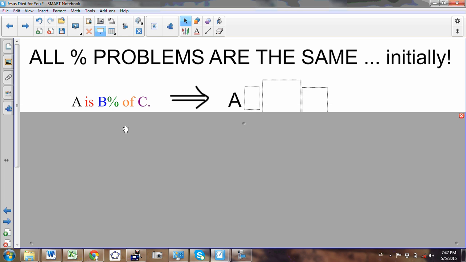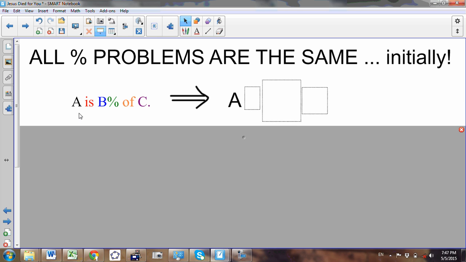But anyway, every single percent problem can be determined using this formula. Everything can be written using this formula: A something is, or thing 1 is some percent, thing 2 percent of thing 3. A is B percent of C.